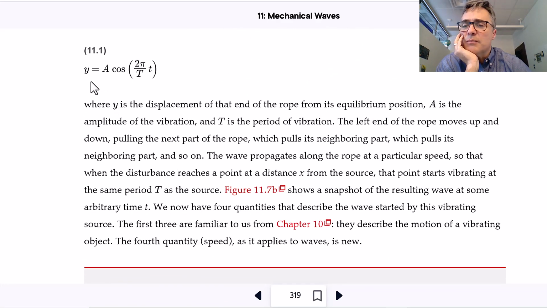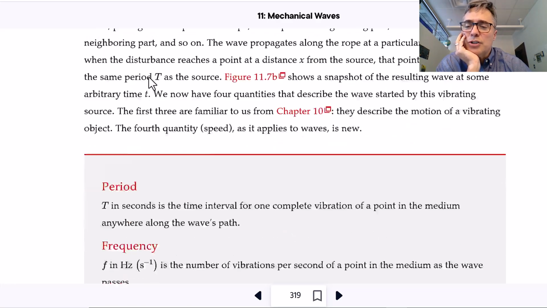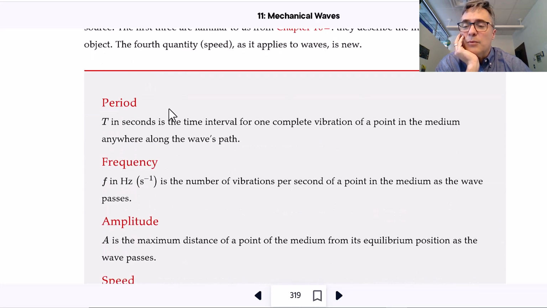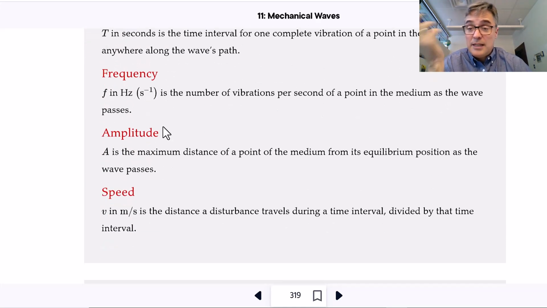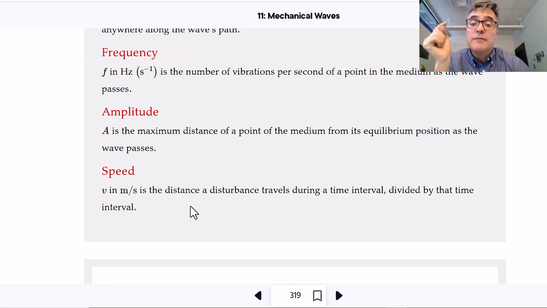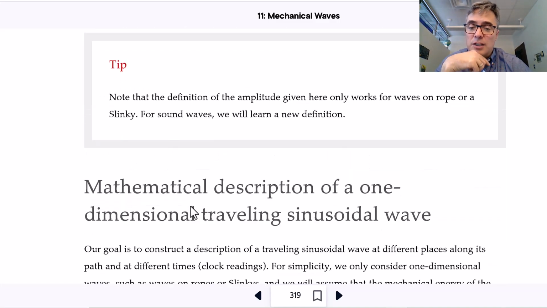So there is one end of it, simple harmonic motion, and then what we get is a wave that has a period, it has a frequency, it has an amplitude, and it also has a wave speed, which we'll talk about in the next section.